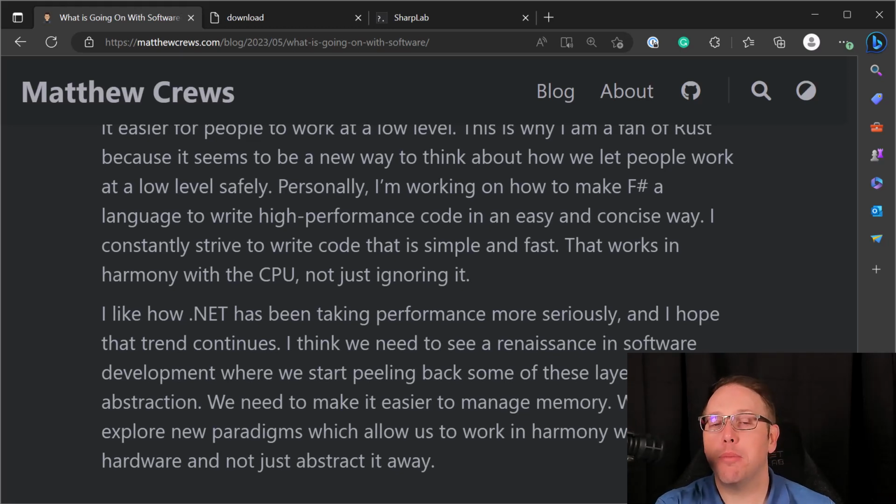But the external API that the user ends up using when they take a dependency on one of my libraries is a functional API. It's going to be immutable. It doesn't expose mutation to the user. I think that is going to be a real sweet spot for software going forward: functional APIs, but procedural engine code for performance. That's really what I've been exploring.